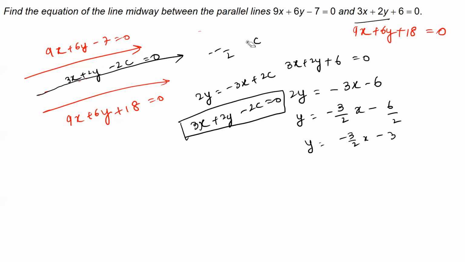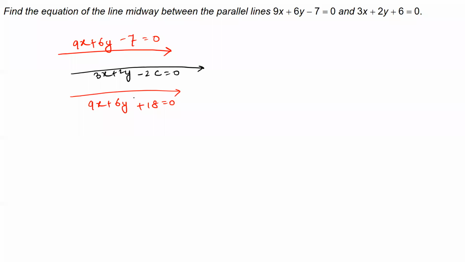Okay, let me erase some of these things. So these are the facts that we have. In fact, I was an idiot to do all of this. We already knew that this required line should have these coefficients 3 and 2. So we could have just taken any constant, k or k1, k2, over here. That would have given us the same result. So okay, let's proceed in that way only.